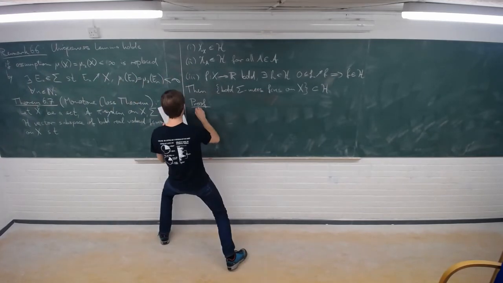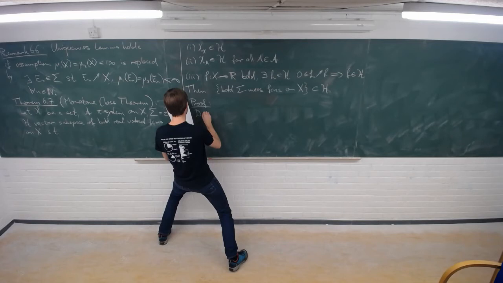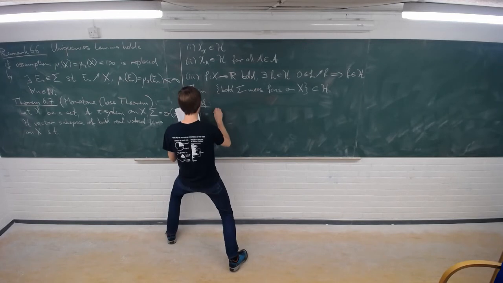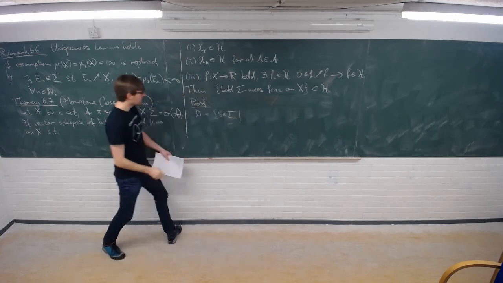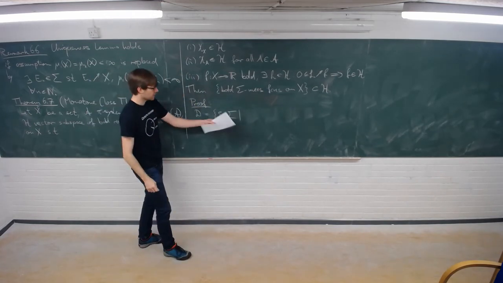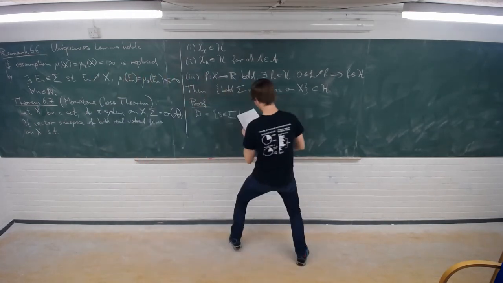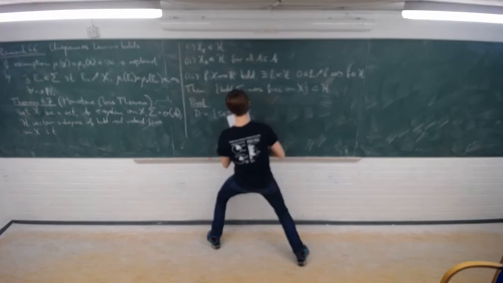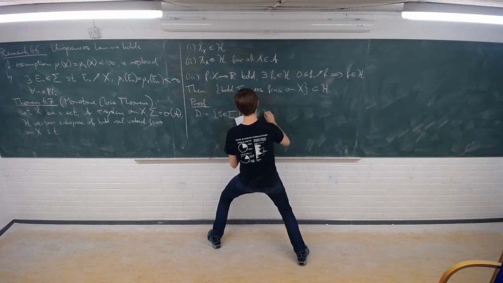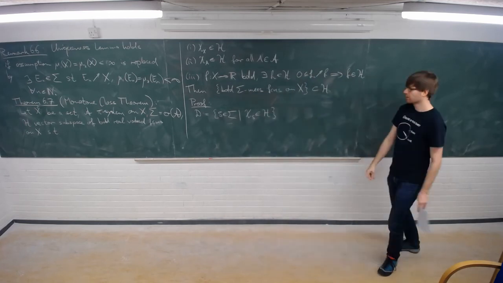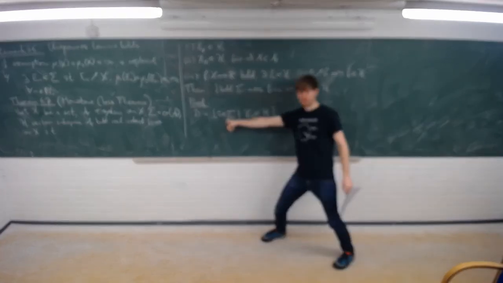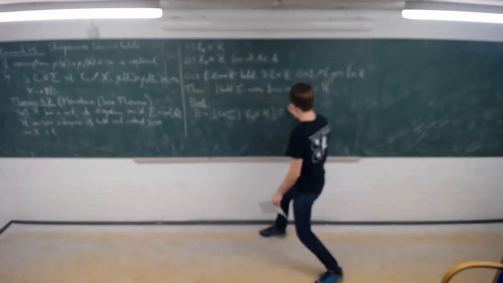So, the proof starts by defining a set D of sets. D is defined to be all S in sigma, such that the characteristic function of S is in H. Okay, so by definition, D is a subset of sigma.